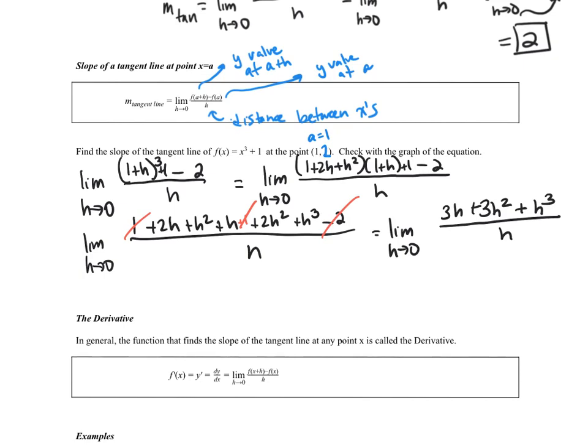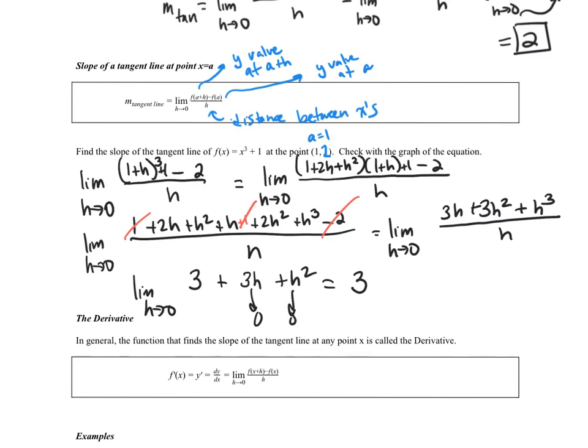But now you can see they all cancel, so this just leaves me with the limit as h goes to 0 of 3 plus 3h plus h squared. So this goes to 0, this goes to 0. So my slope is just 3. So if I were to graph x cubed plus 1, look at the point (1, 2), the slope of the tangent line should be about 3.